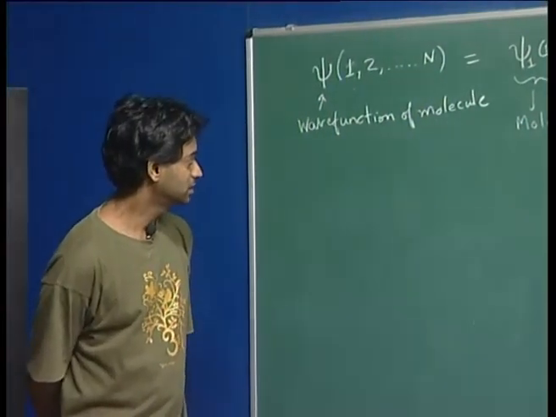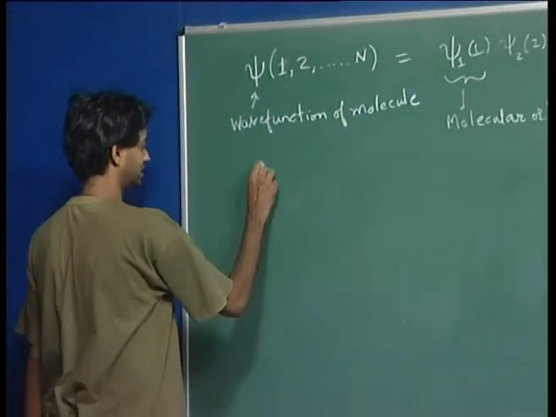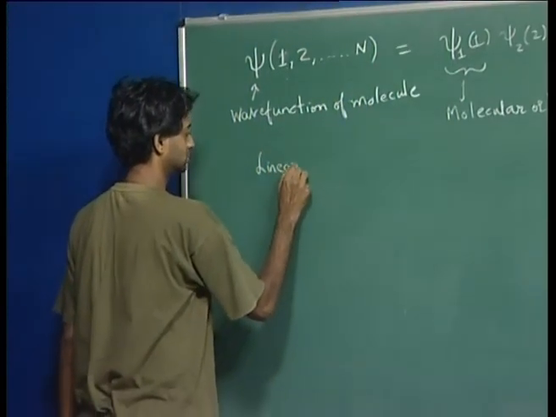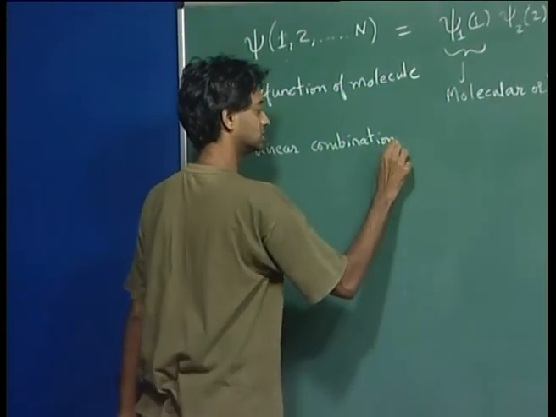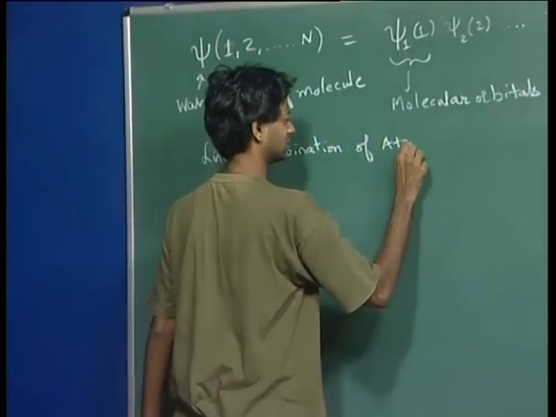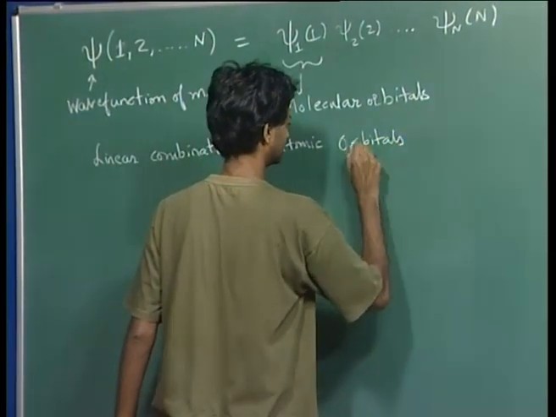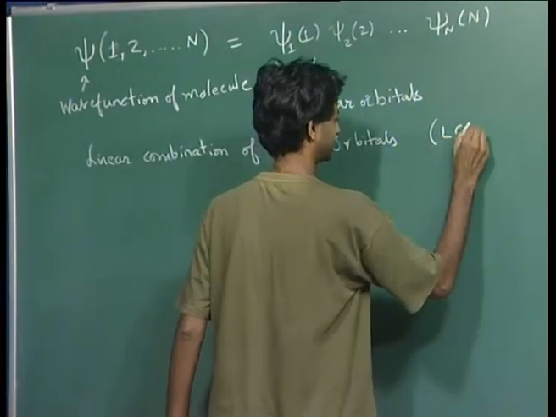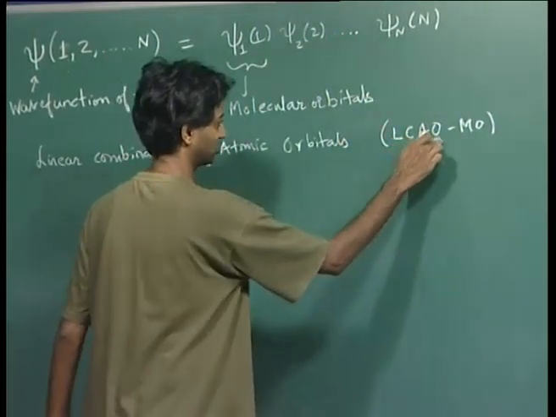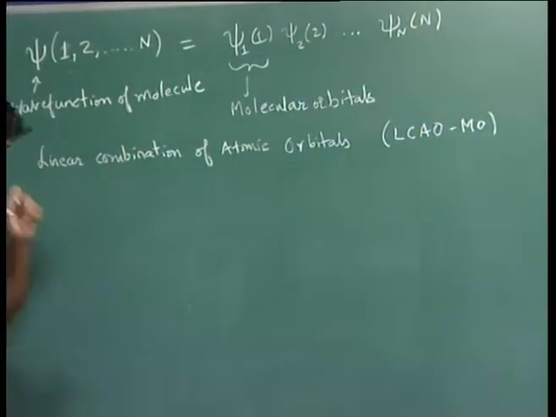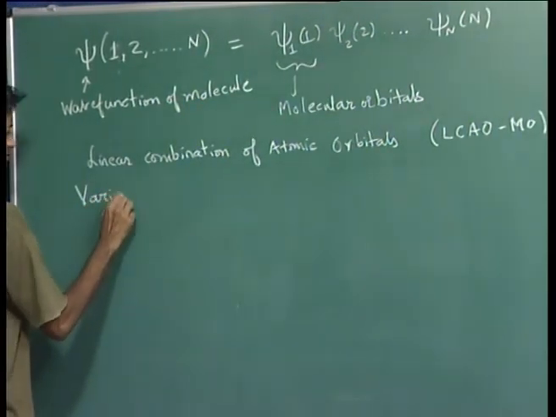Okay, and what is typically done is a procedure called linear combination of atomic orbitals. Okay, it's called LCAO-MO. So linear combination of atomic orbitals giving molecular orbitals, and this is implemented in something called a variational procedure.